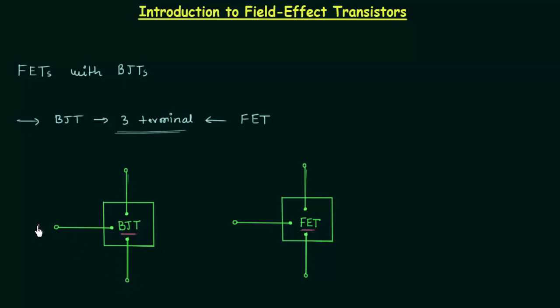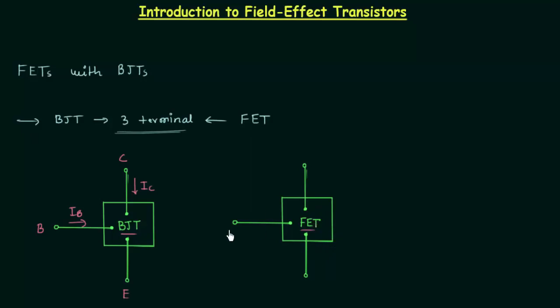This terminal is the base terminal, this terminal is the collector terminal, and this terminal is the emitter terminal. The current IB is the input current, and the current IC is the output current in case of BJT.